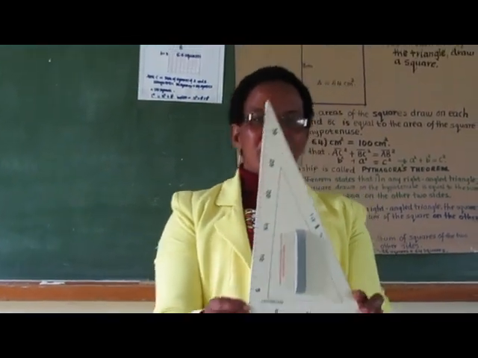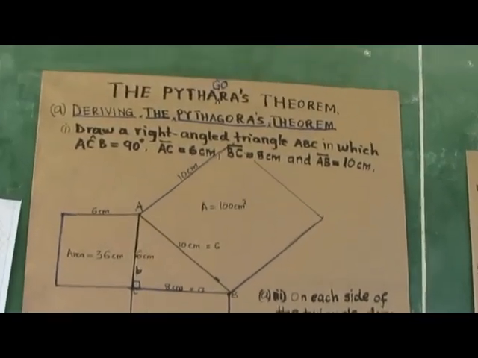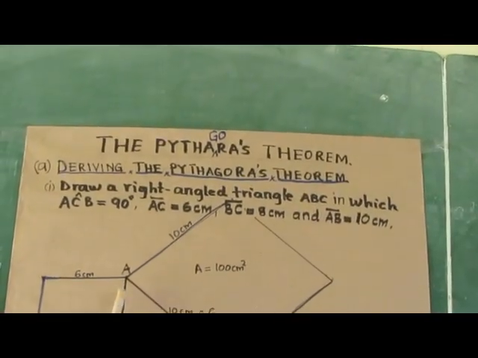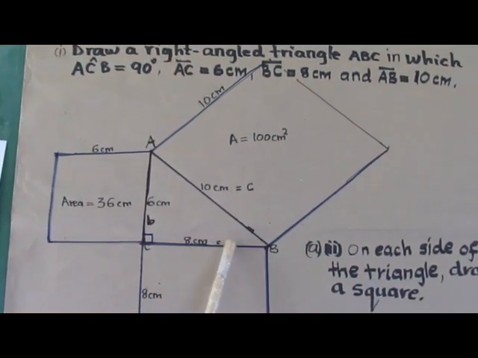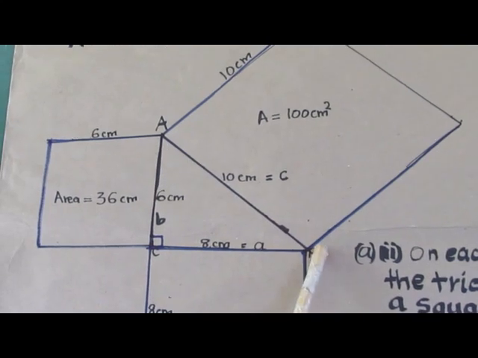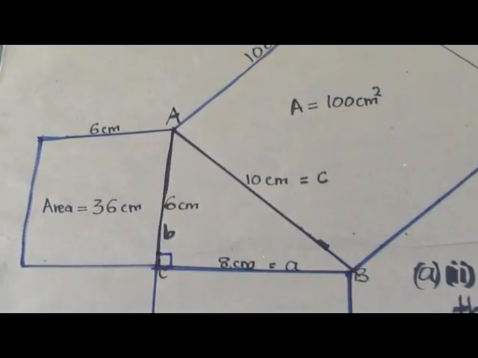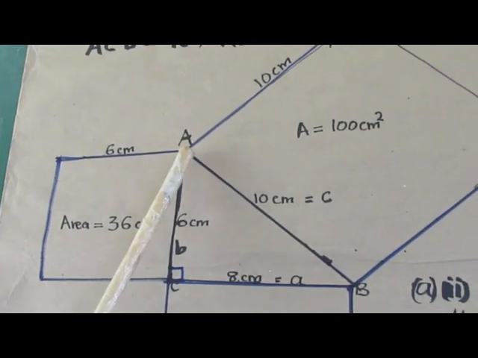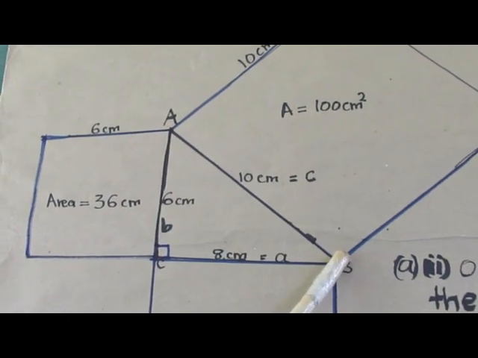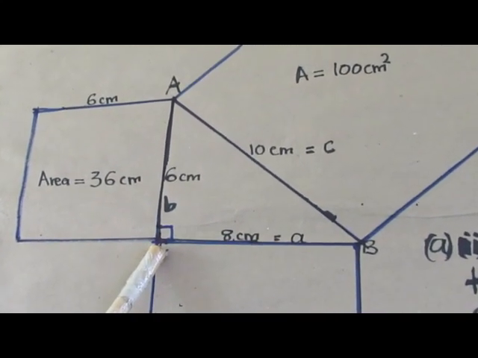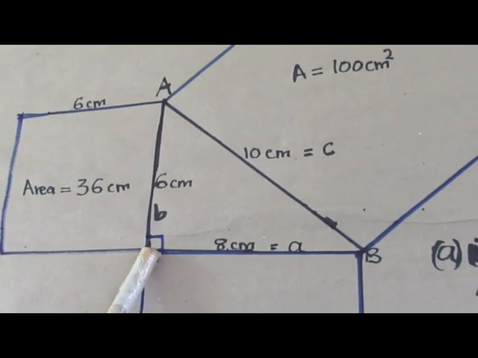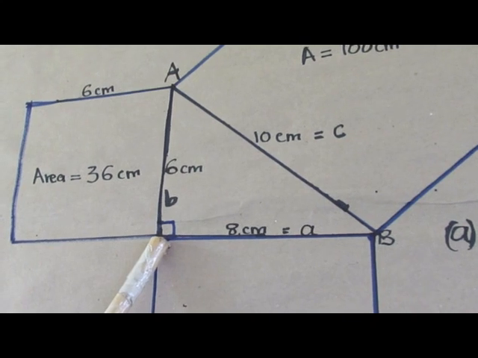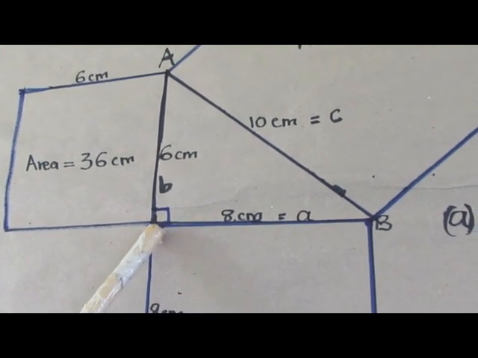Good. Thereafter, there are the sides of the triangle here. The triangle which you have drawn is this one here. This is a right-angled triangle. It is labeled as triangle ABC, in which this angle here is 90 degrees.